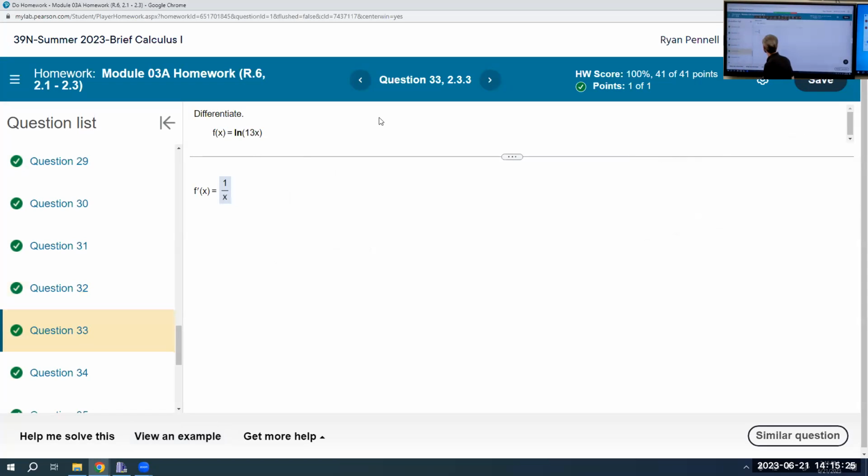It'll give me a little bit more of your time. I'm going to go over a few more problems dealing with this. So we have natural logarithm of 13x as opposed to just x. d over dx of ln x is 1 over x. If that's true, then what's the derivative of something that has a coefficient in the argument?